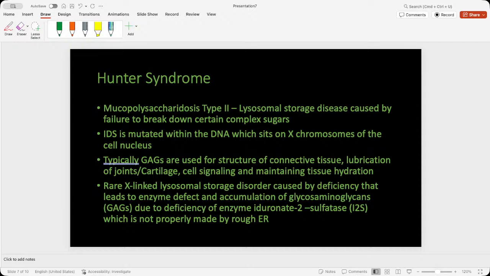But sometimes some patients, typically children aged 2 to 4 years, have a rare X-linked lysosomal storage disorder, caused by a deficiency that leads to an enzyme defect and accumulation of glycosaminoglycans. That accumulation is going to build up and eventually make the cell swell and damage it.